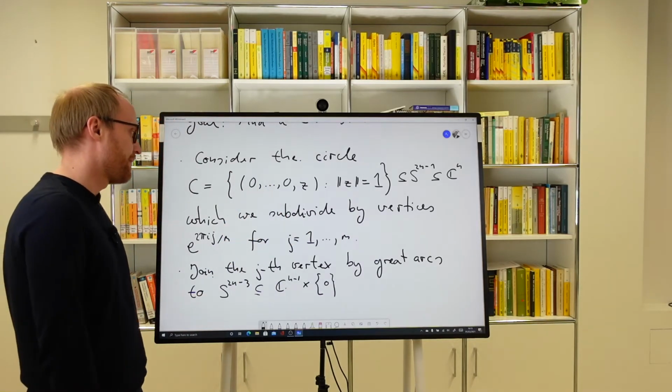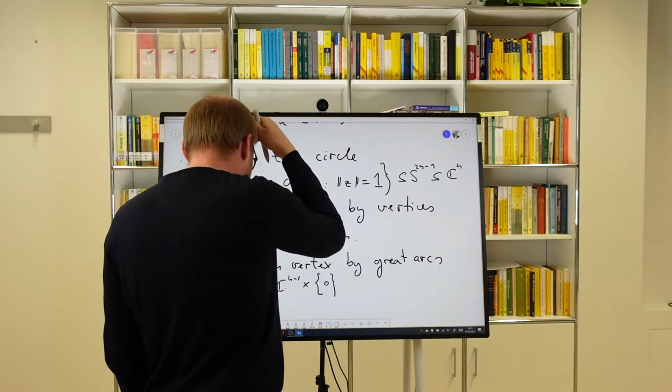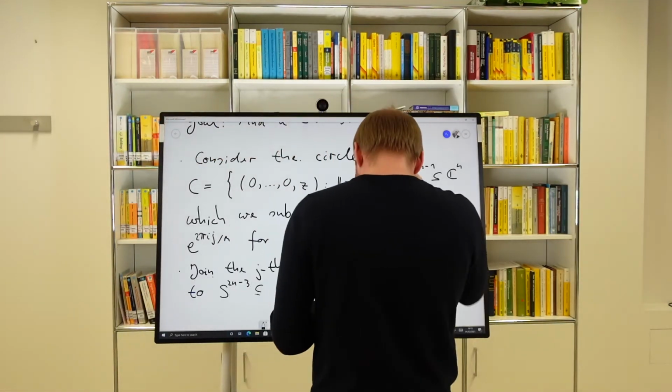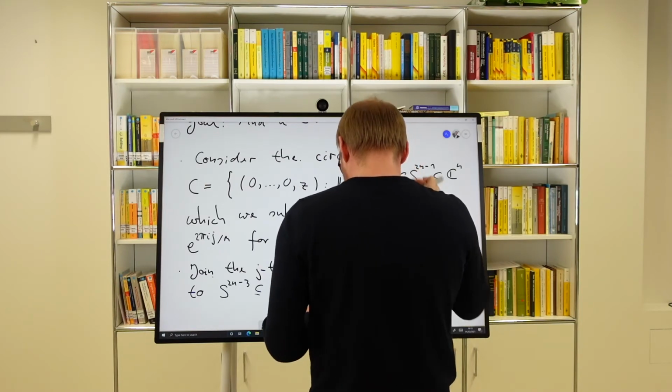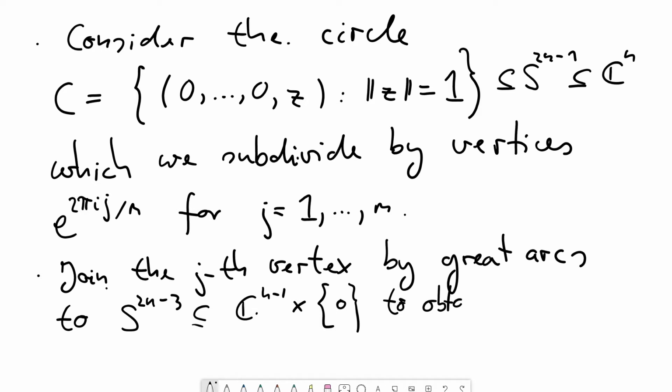So that never happens, and we have a unique great arc to all of those points in the (2n-3)-sphere. These we take all together to obtain what's geometrically a (2n-2)-dimensional disk, and we call it D^(2n-2)_j, with the index j corresponding to the vertex we started with.